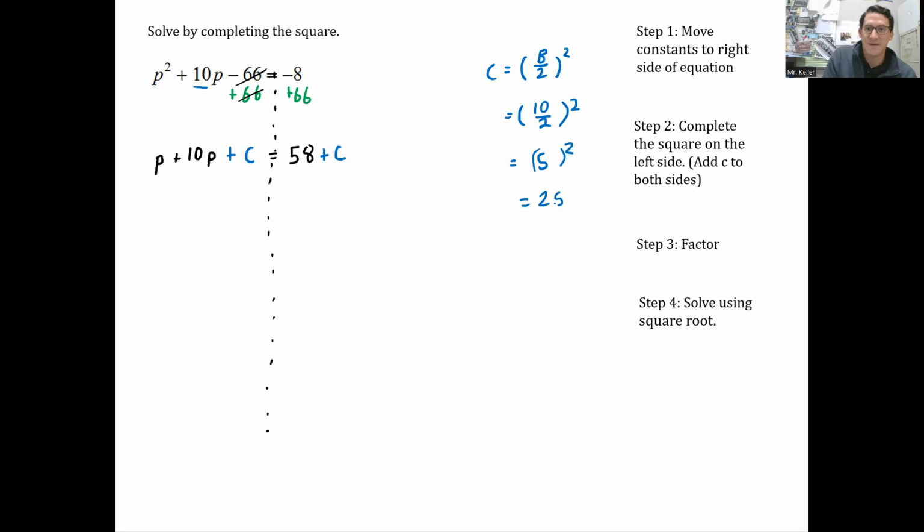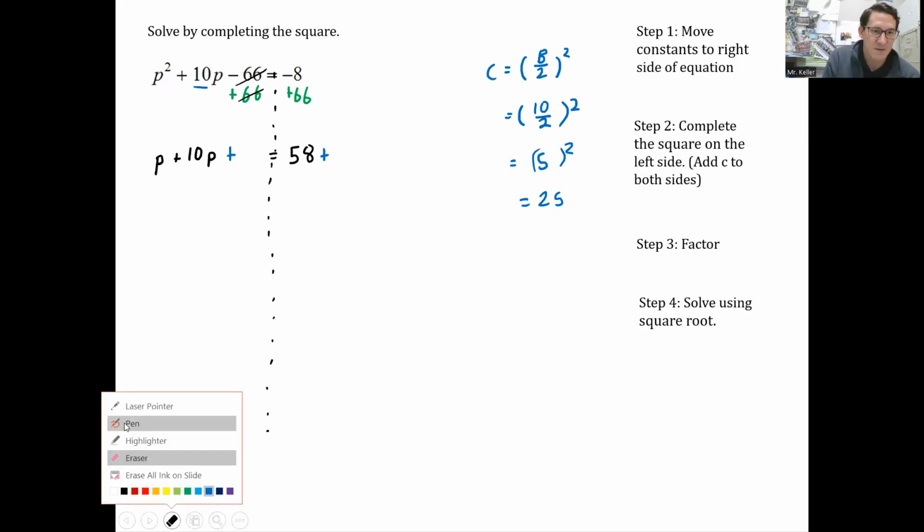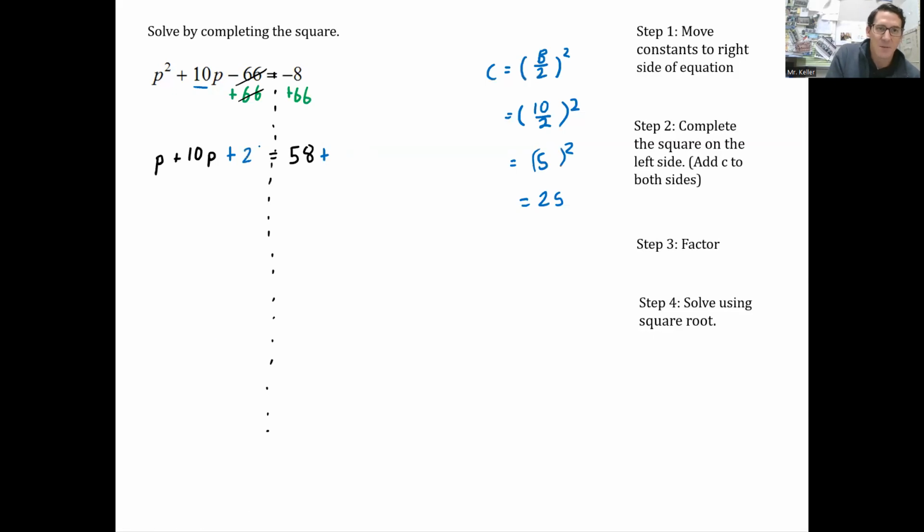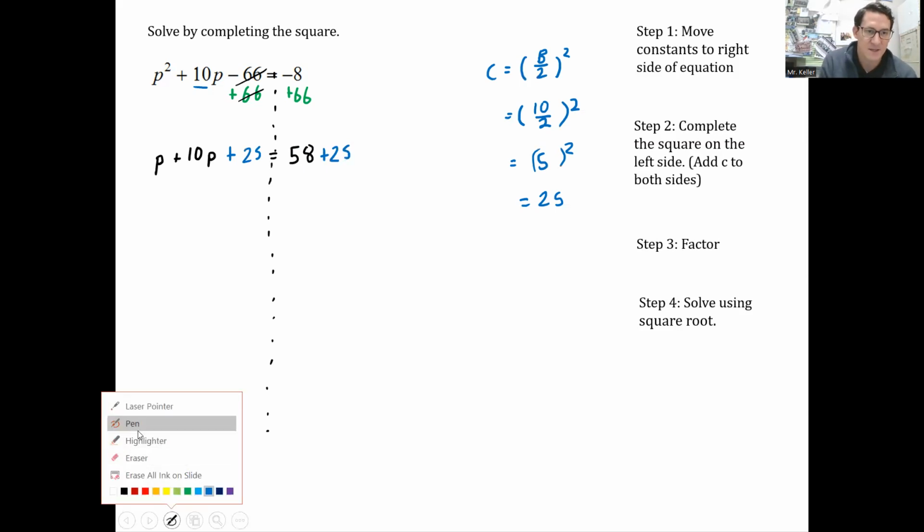Squared is 25. All right, so I'm going to change these c's to 25. And so the most common mistake that I see on these is forgetting to add it to this side. All right, make sure you're adding c to both sides.